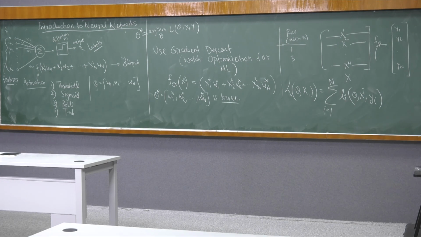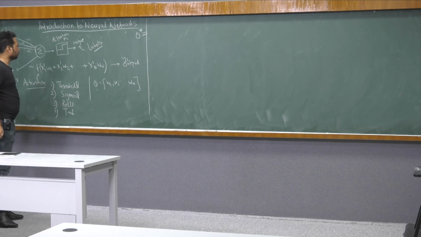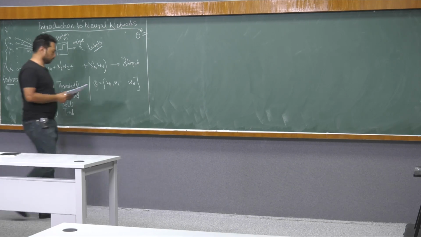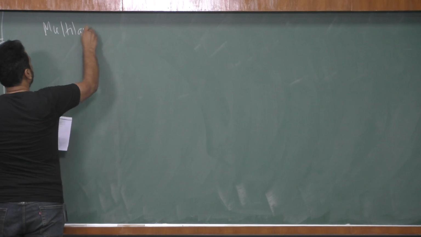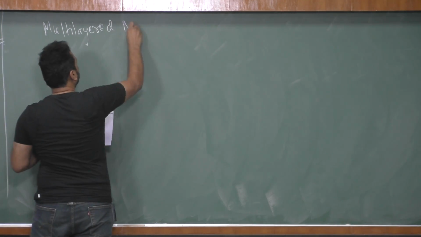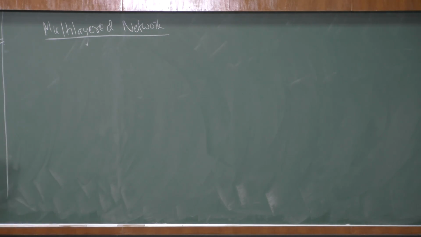Now, as I said, we can make this into a deep neural network, and we will try to extend these ideas now. So what we will do is make it into a multi-layered network.